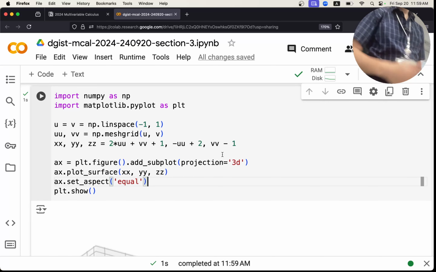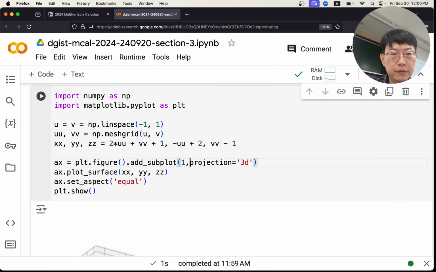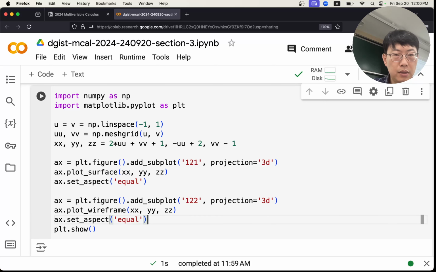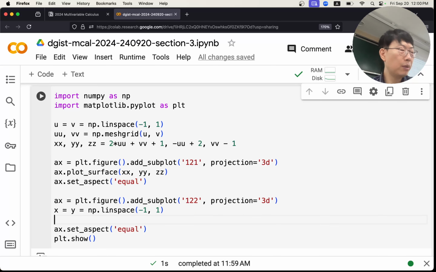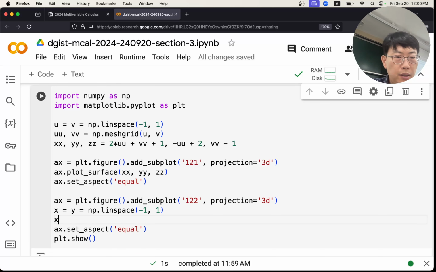So now let me give you another way of drawing this. Instead of doing it one time, I'm going to plot differently. So I'm going to use x and y to be the linspace from minus 1 to 1. I'm going to use the two variable equation of z, and xx and yy is the mesh grid of x and y.